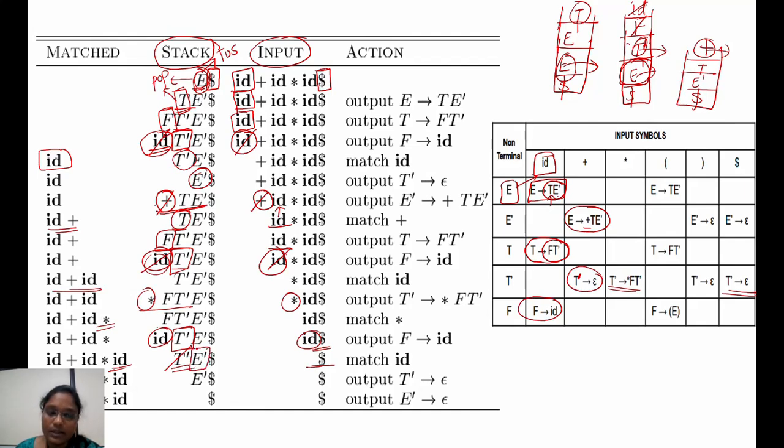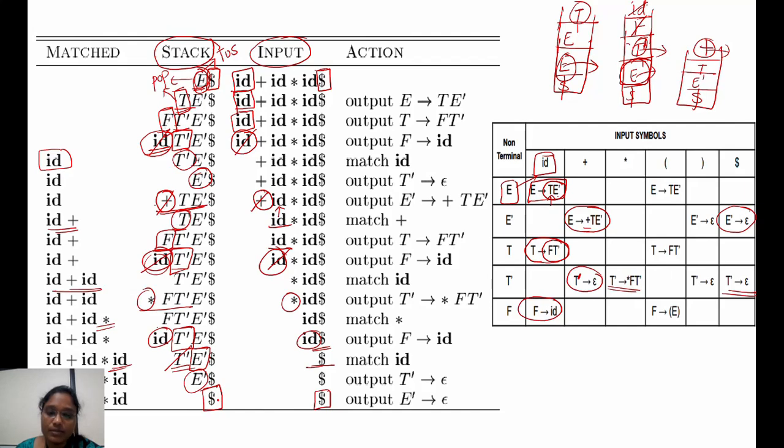So currently E dash will be the top of the stack. E dash on dollar, again we check, again that is epsilon. So now this would be popped out, and finally we have only dollar as the top of the stack. All other symbols have been popped.